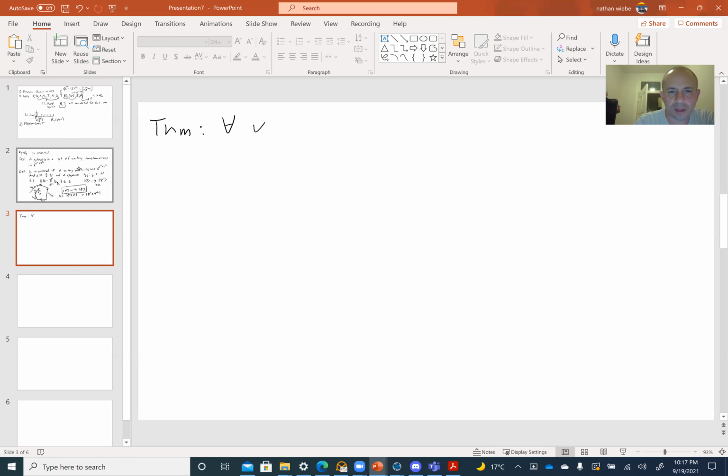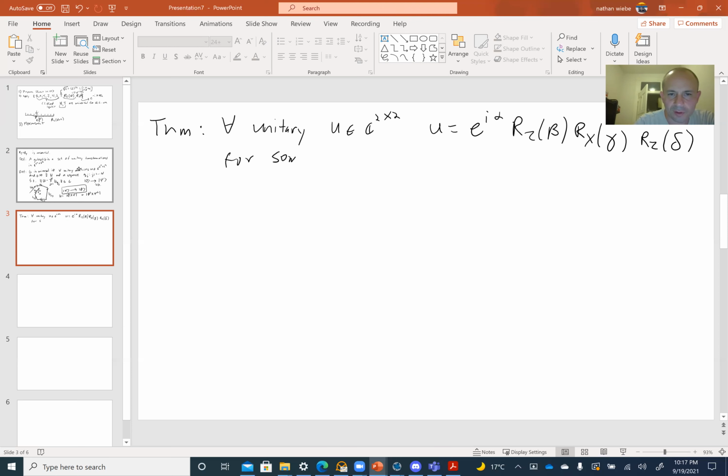For all unitary U in C^(2 by 2), U is equal to e^(i alpha) R_z(beta) R_x(gamma) R_z(delta) for some alpha, beta, gamma, delta inside the interval 0 to 2 pi.